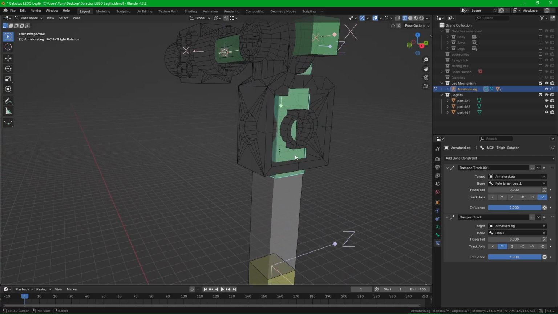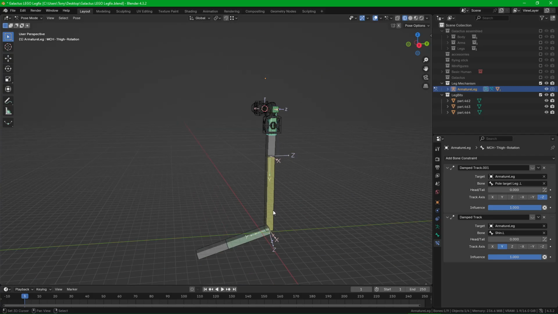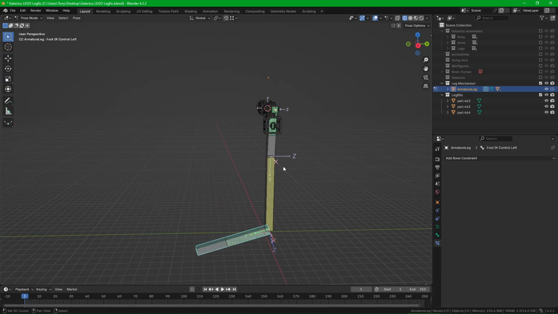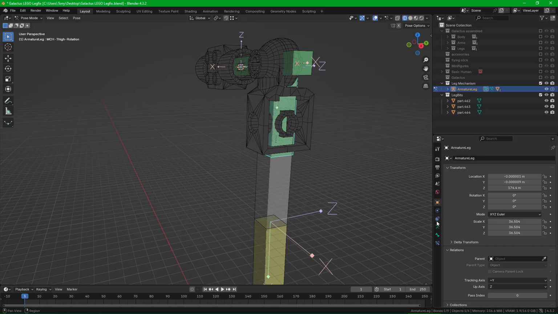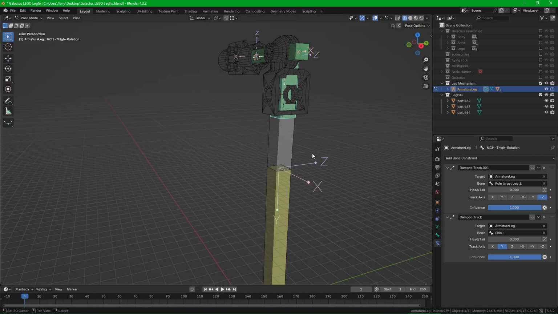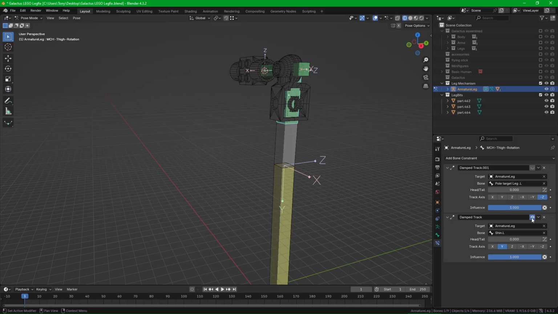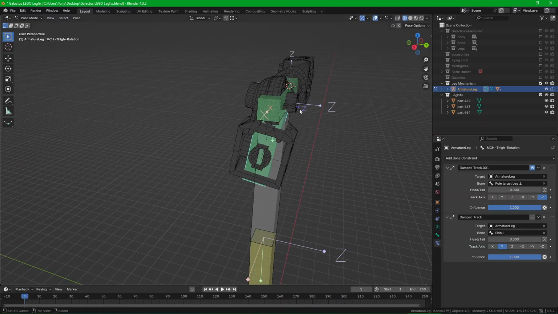So this bone here is a child of the thigh bone, so we want it to follow the thigh. So let's just pose this. Okay, I'm lying, I've not made it. Have I not made it? No, it's a child of nothing. I was using these constraints. So this one here points forward on the bone, or backwards, sorry.